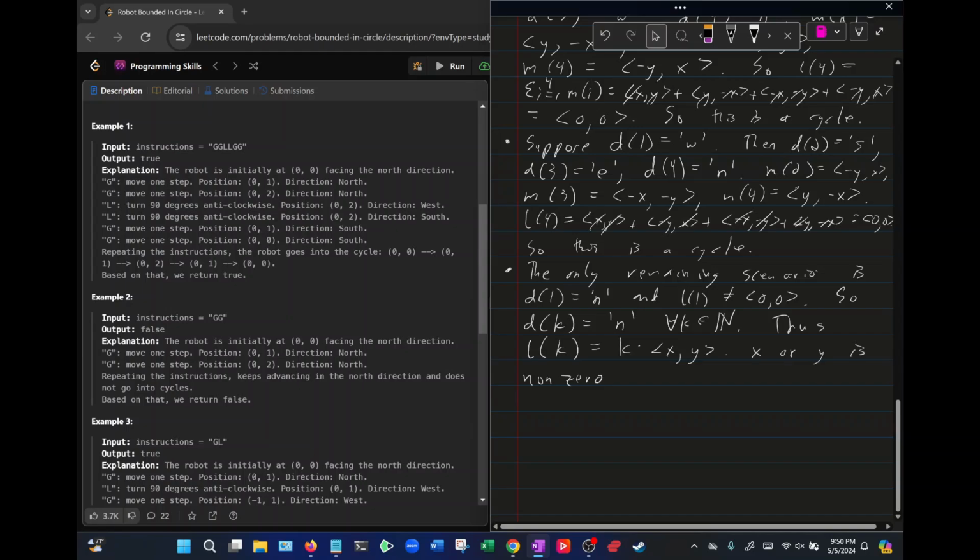Remember, x comma y is M1, which is where you end up after moving through the instructions once. Okay. So if we look at the collection of vectors of the form k times x, y, this is basically the path that's traced out after every time you run through the instructions. This path is infinite.